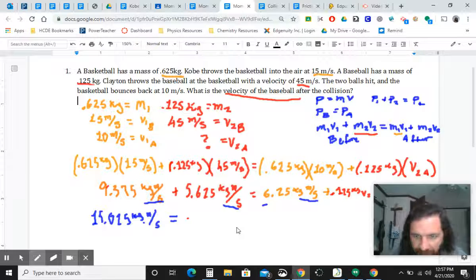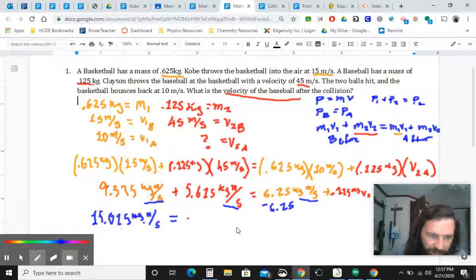Since they're being added right now, I want to do the opposite of adding, which is subtracting. So I'm going to subtract 6.25 from both sides of my equation. I'm doing this in a little bit weird order just to try to save space.